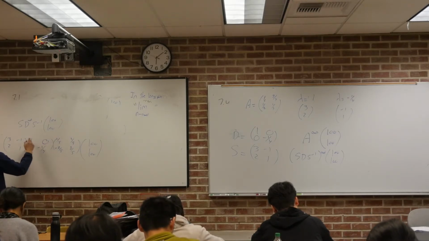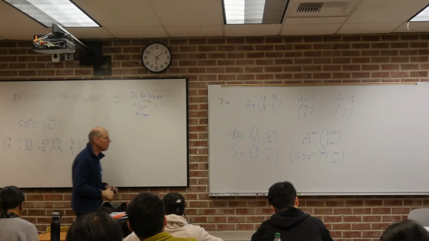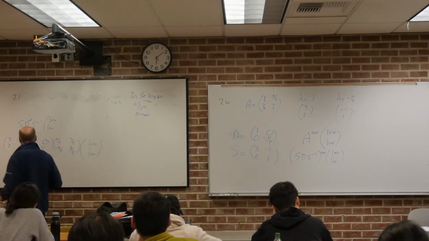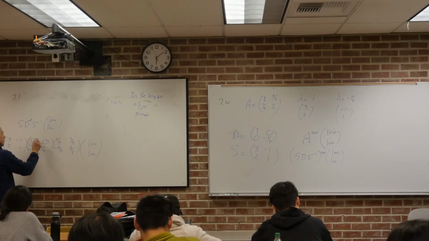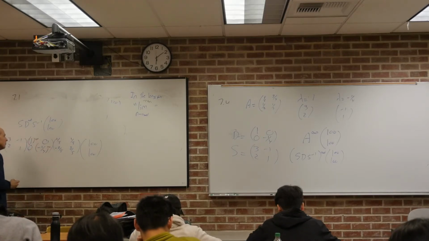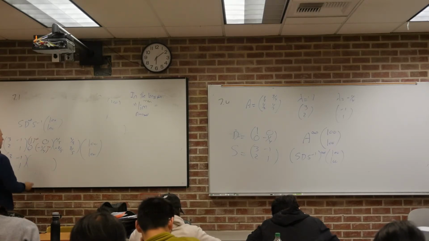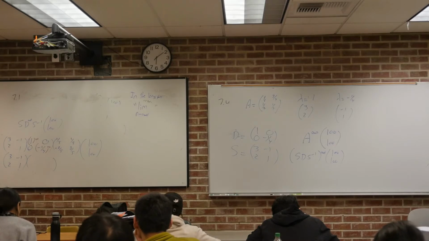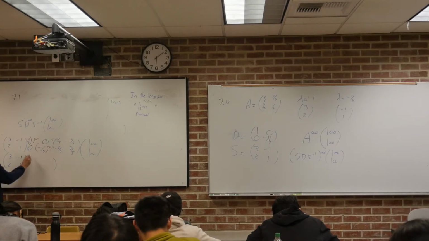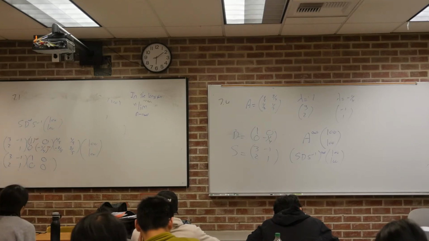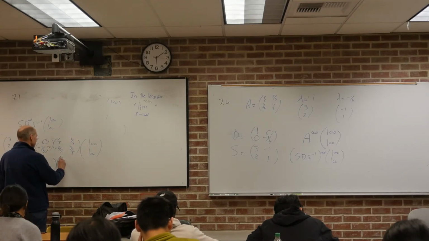I'm going to do this, so let me put that infinity inside. What's 1 to the infinity? 1, 0, 0, 0. Negative 1/4 times negative 1/4, a quarter of a quarter of a quarter of a quarter is 0.